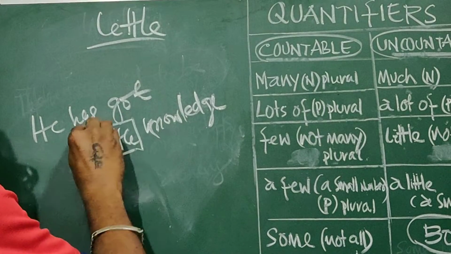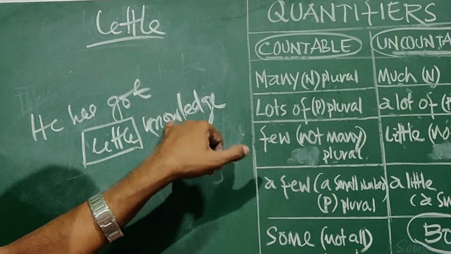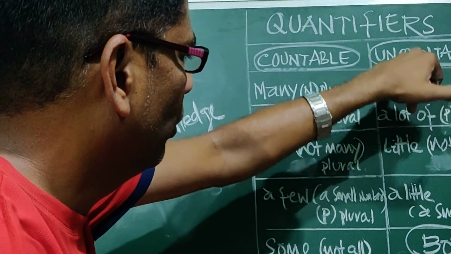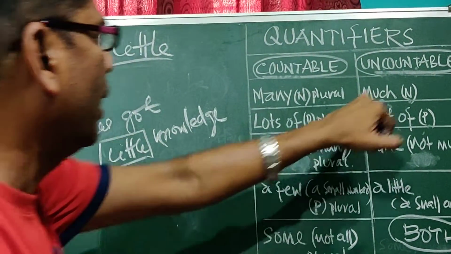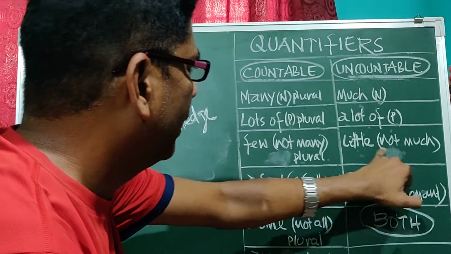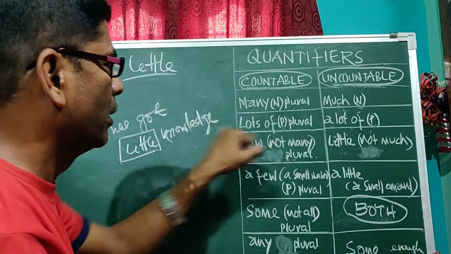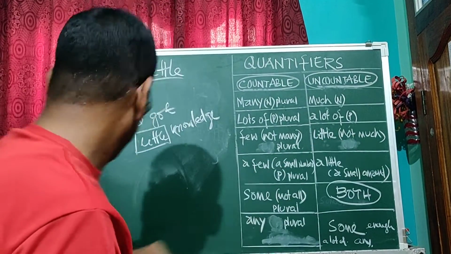I used here the quantifier little before the noun knowledge. Knowledge is uncountable. He has got little knowledge. Little means not much.